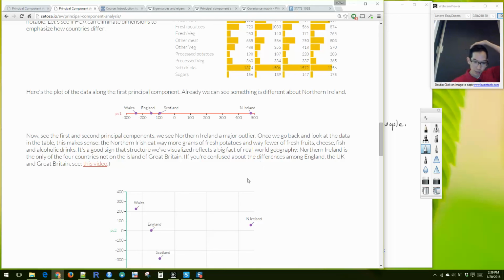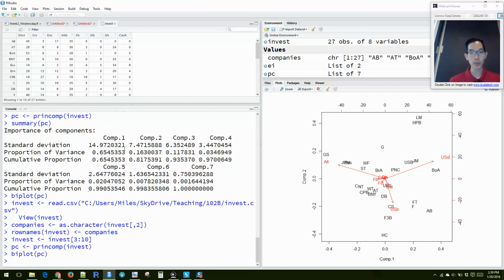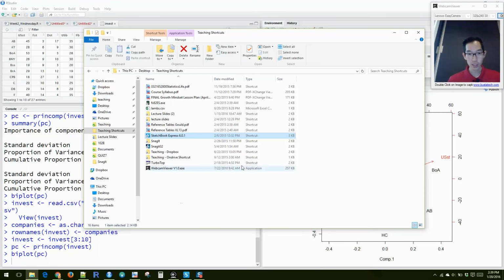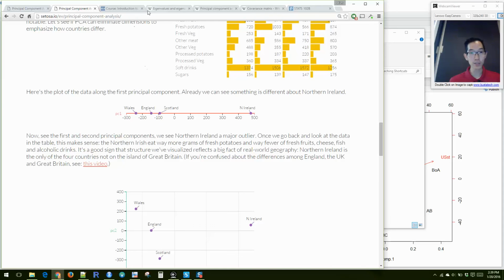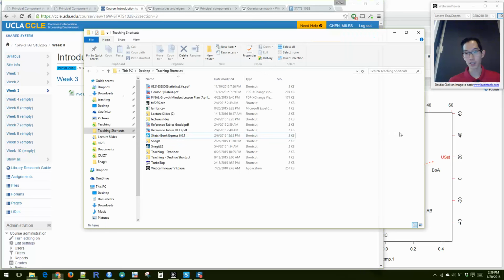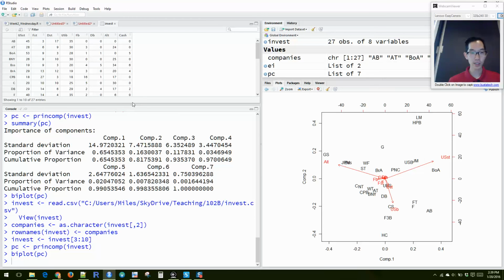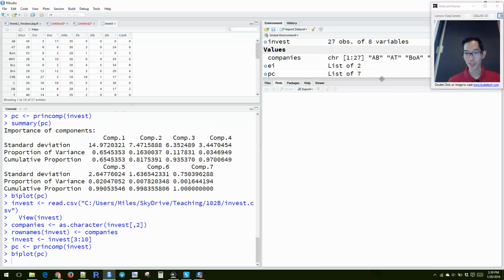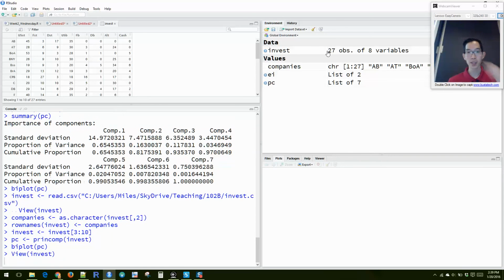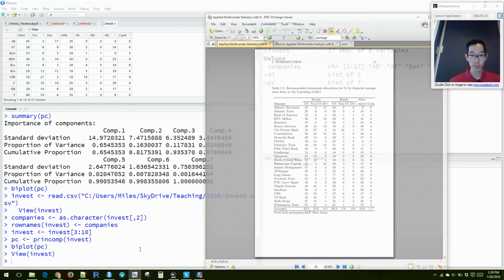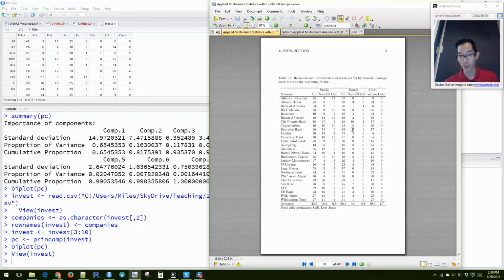Delving in with R, we can do some of this. I've posted from our textbook a little investment table, on page 11 in the textbook, or page 28 in the PDF.